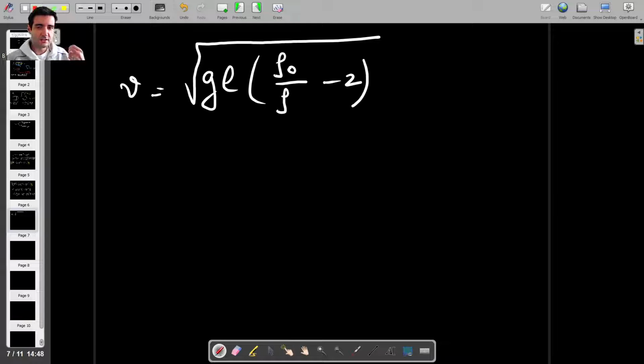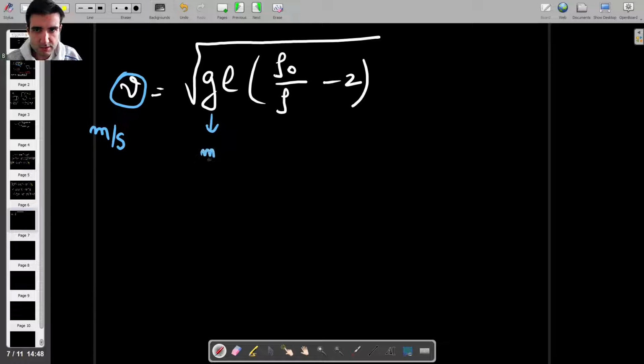Now, here's a good reason why you may not want to use numbers from the beginning of the question and just stick to symbols. When you get to this point, you won't know if this is the correct answer, but you'll know that it has the correct units, because this is meters per second, so the right-hand side should be in meters per second as well.